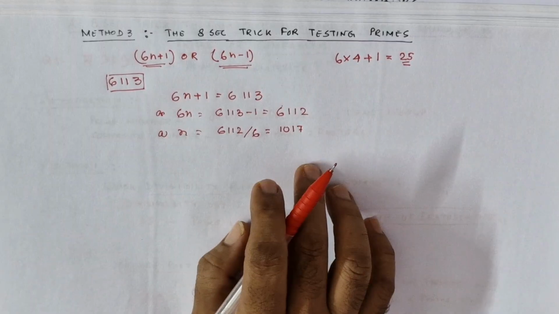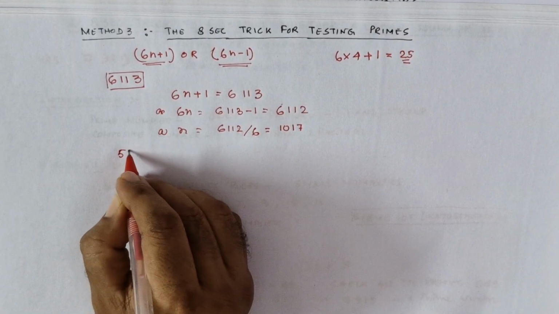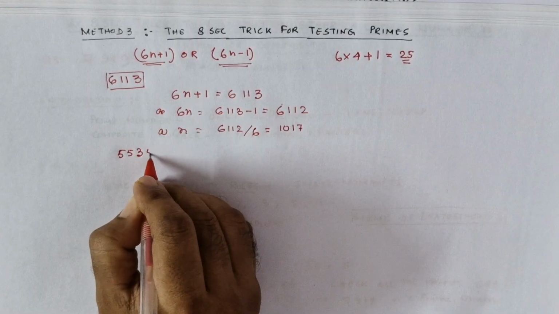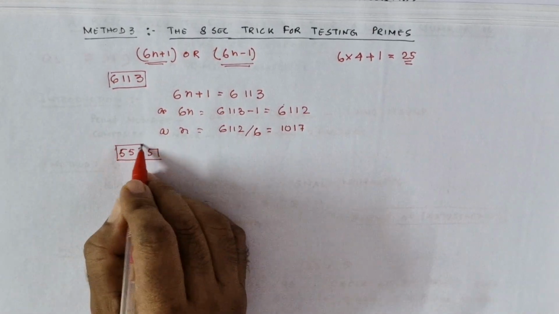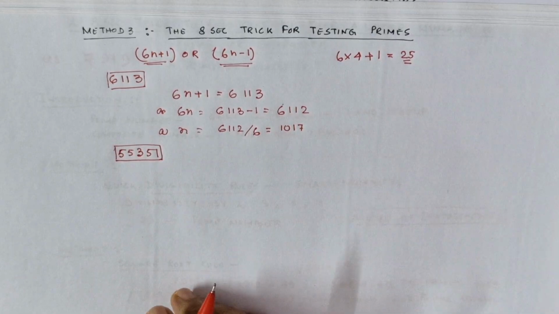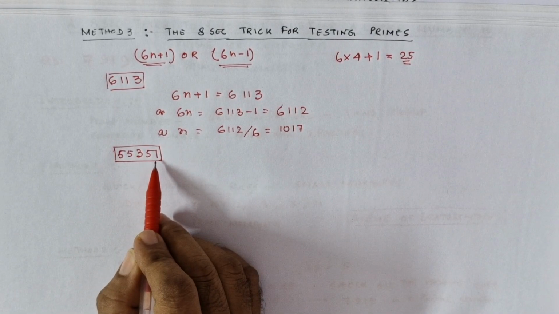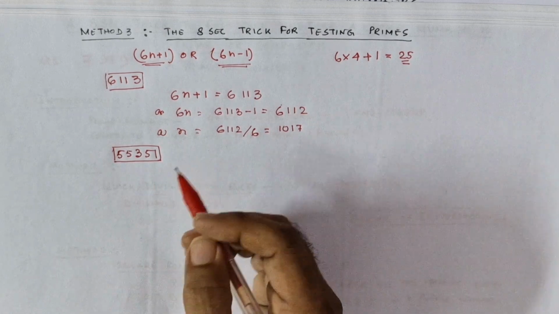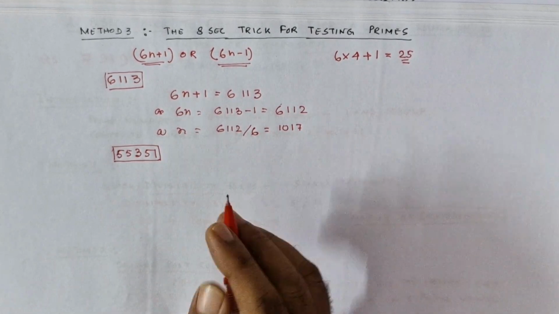Now let's take another number. This is also a big number. Somebody asks you, or you are requested, to tell whether this given number is a prime or a composite. So let's start counting 8 seconds from now.